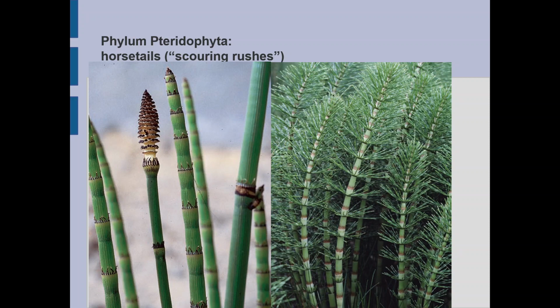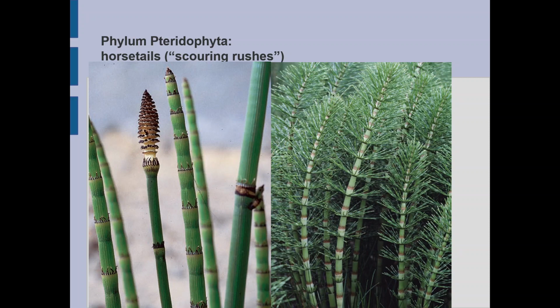The life cycle is similar to the life cycle of the ferns. The sporophyte is the conspicuous plant, whereas the gametophyte is a minute thallus ranging in width from the size of a pinhead to about 1 centimeter.